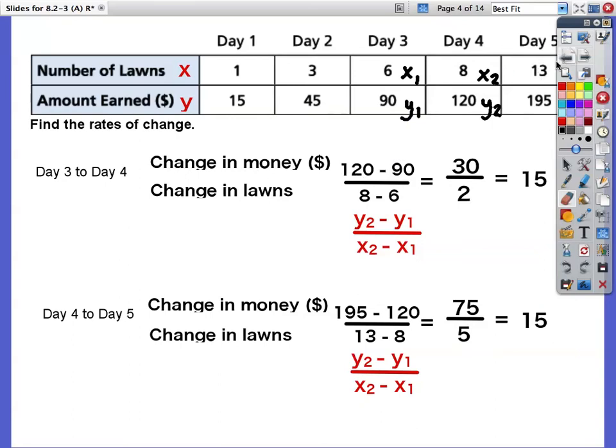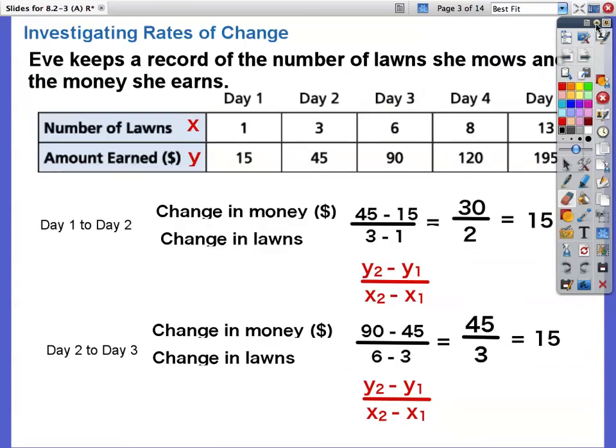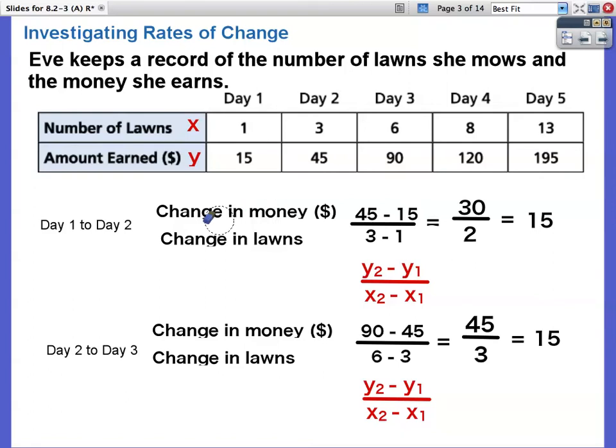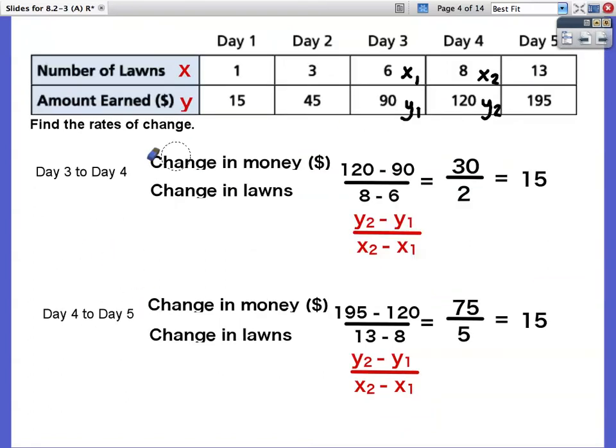So in this table, coming all the way back to the very beginning of the problem, we found the rate of change from day 1 to day 2 to day 3, day 3 to day 4, day 4 to day 5. And the rate of change, or the change itself, was the same in each particular day change. So what does that mean for us?